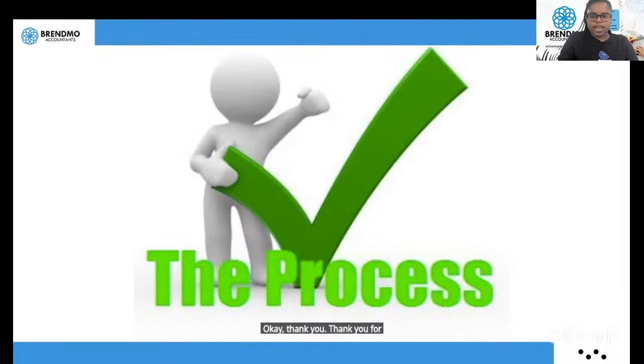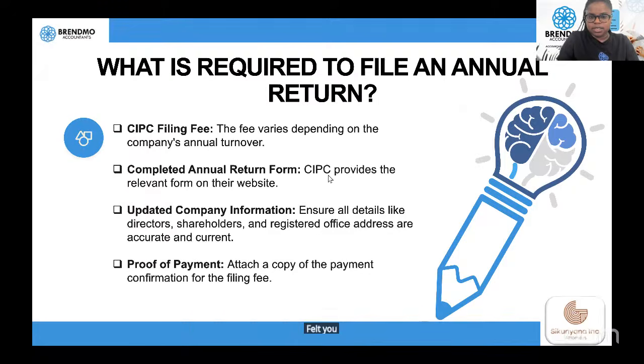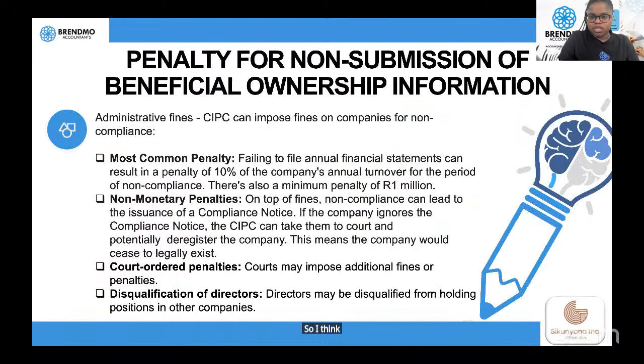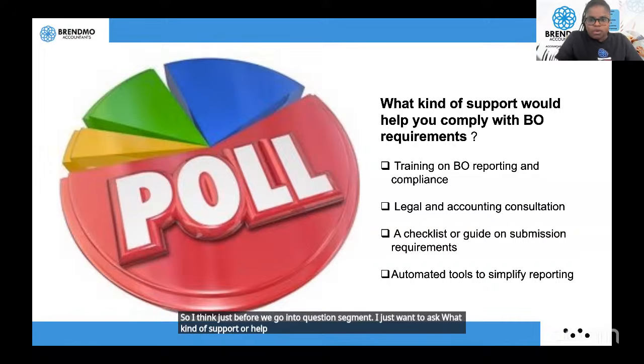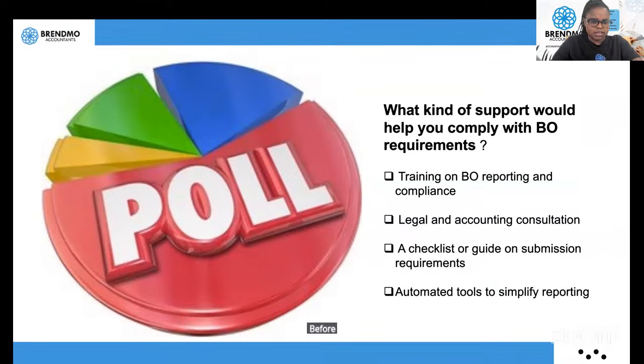Thank you for highlighting the process and what you need. Everyone who is here, those that have indicated that they haven't yet filed, you now know the documents that are required. Just before we go into the question segment, I want to ask what kind of support or help with the beneficial ownership you would require before we go into the question and answer session.